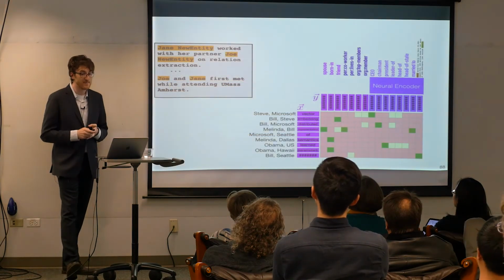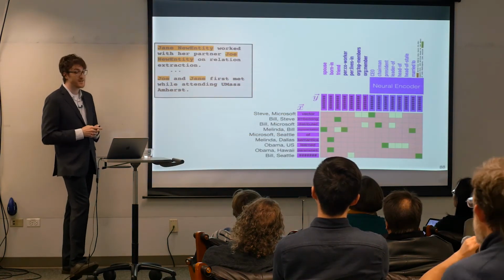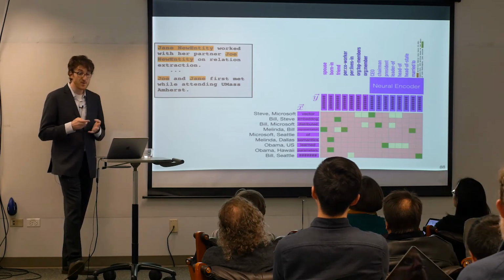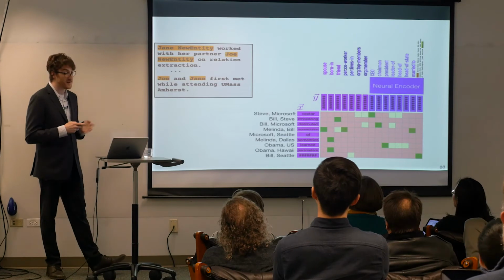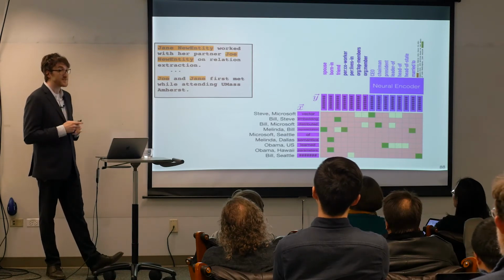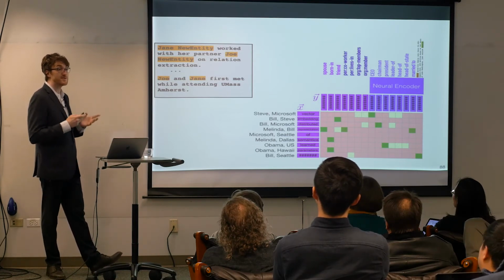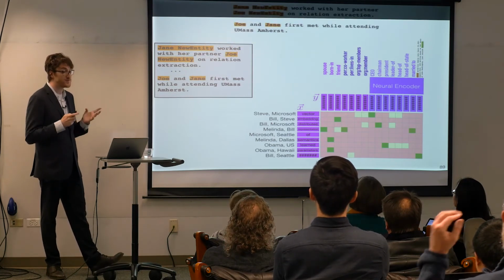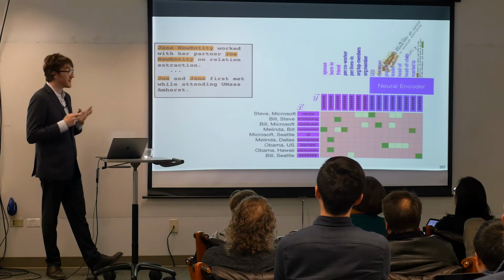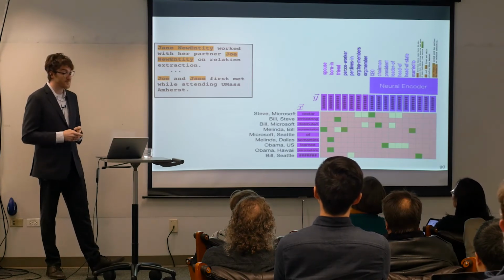And we also applied these same methods to predicting relationships between pairs of entities. And a nice property is that we can combine this with the neural column encoder we discussed at the beginning of the talk. And this allows us to actually make predictions about entities that we never saw at training time. So just as before, we can take some new sentences at test time and generate column vectors using our neural encoder.